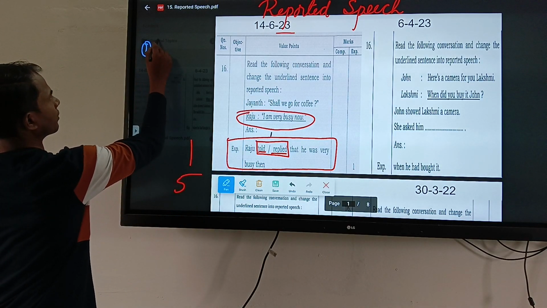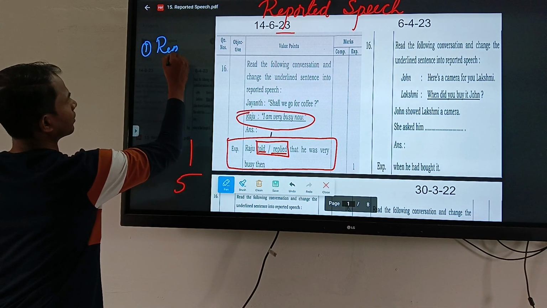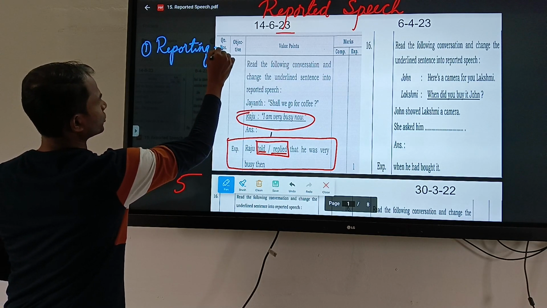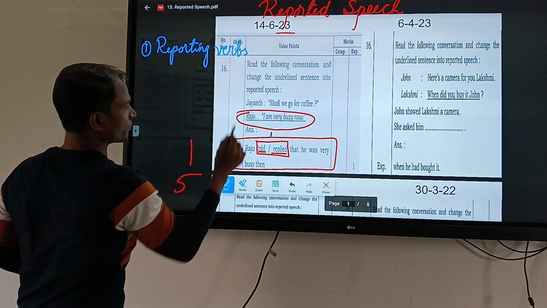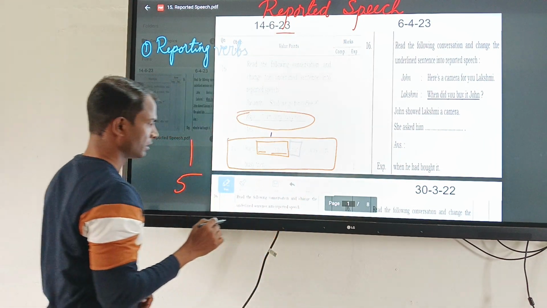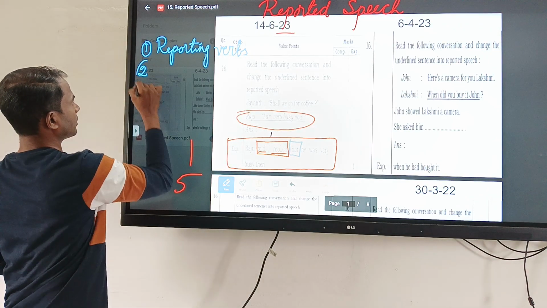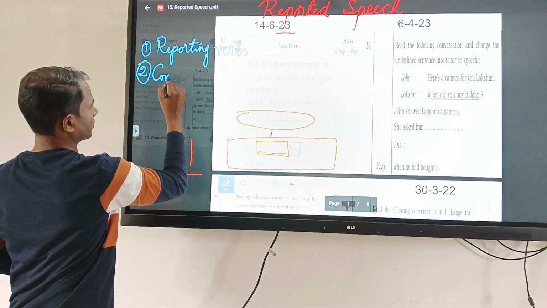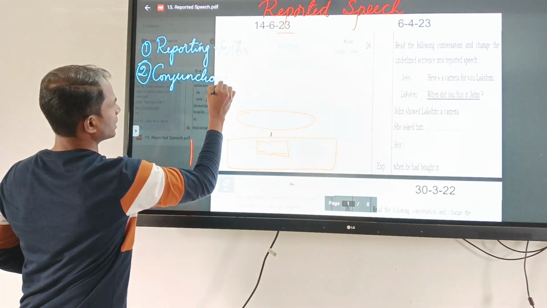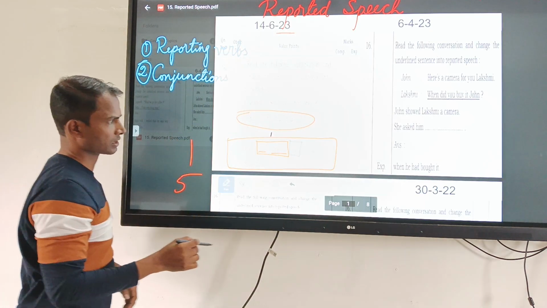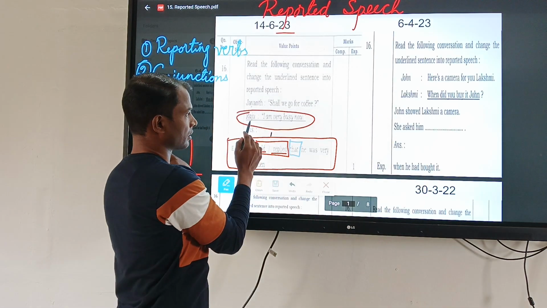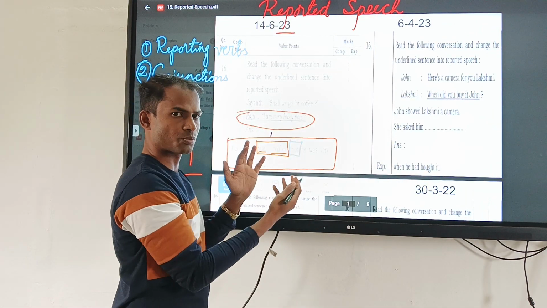First one is reporting verbs. Then we have that. What is this? The word that is used as a conjunction here. Now we have 2 parts: I have already said Raju, and whatever he has reported.